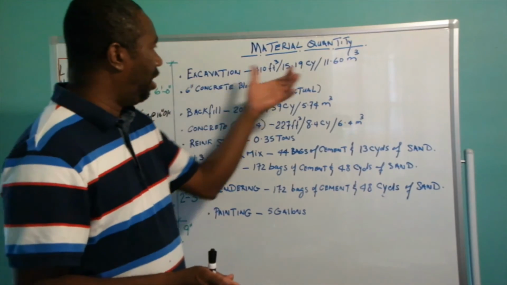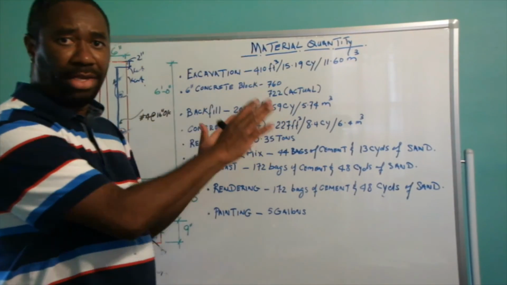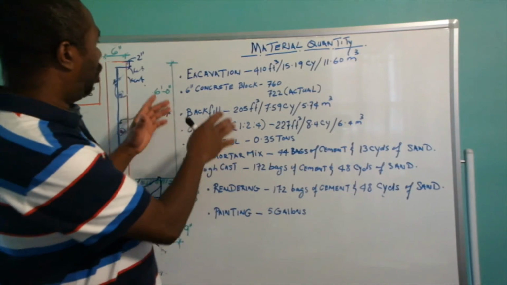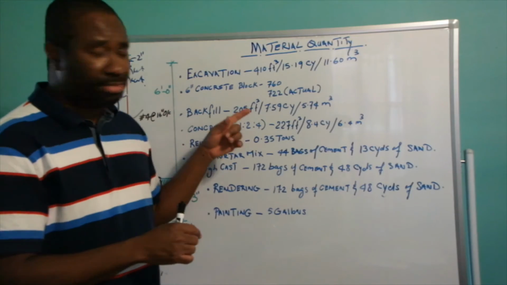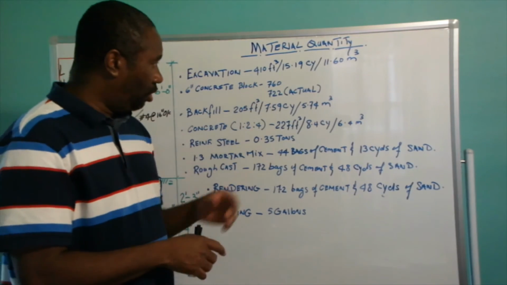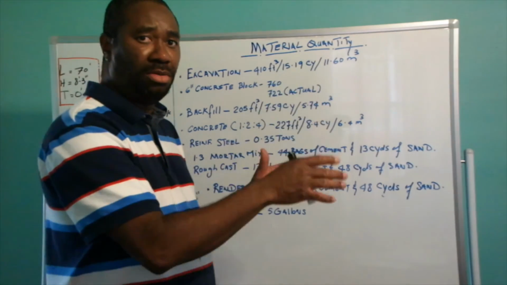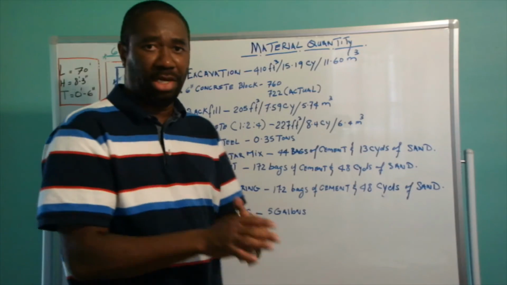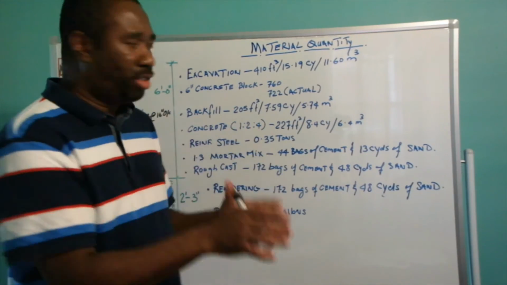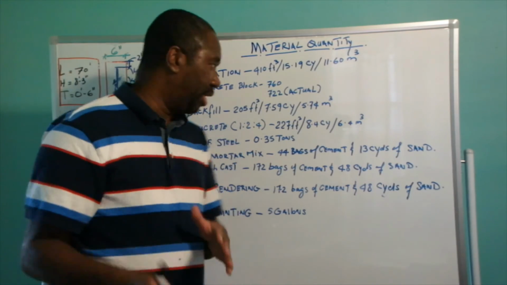We can use any of these measurements, these quantities, to get the overall cost. So we have calculated the number of 6 inches block to be 760, even though we know the actual amount that is going to be used to construct the wall is 722, but we are going to purchase 760 in case there is any breakage.